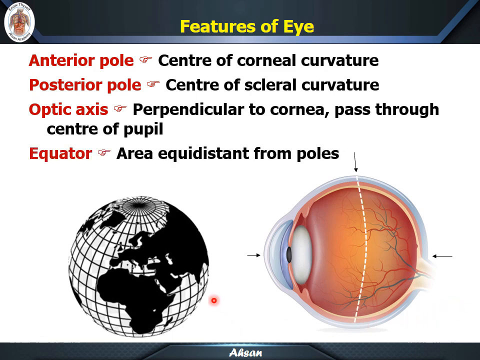The equator is the center part equidistant from each pole, and the line joining the anterior and posterior pole is called the meridian. So these terminologies are used related to measurement of the eyeball.